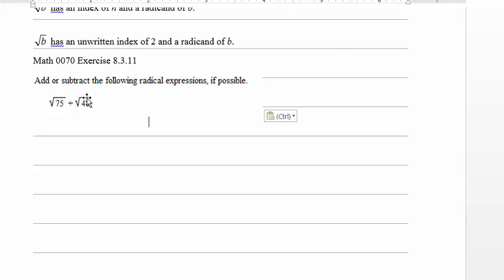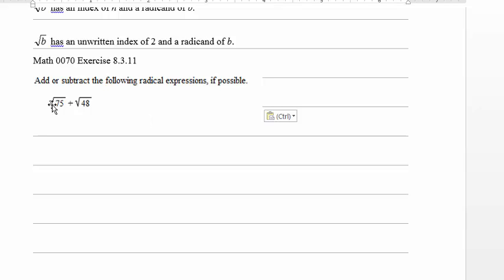Now both of these radicals have an index of 2, but the radicand of the first radical is 75 and the radicand of the second radical is 48. So they cannot be added at this point. Because they are not in their simplest form, we can't determine whether they can be added at all or not.